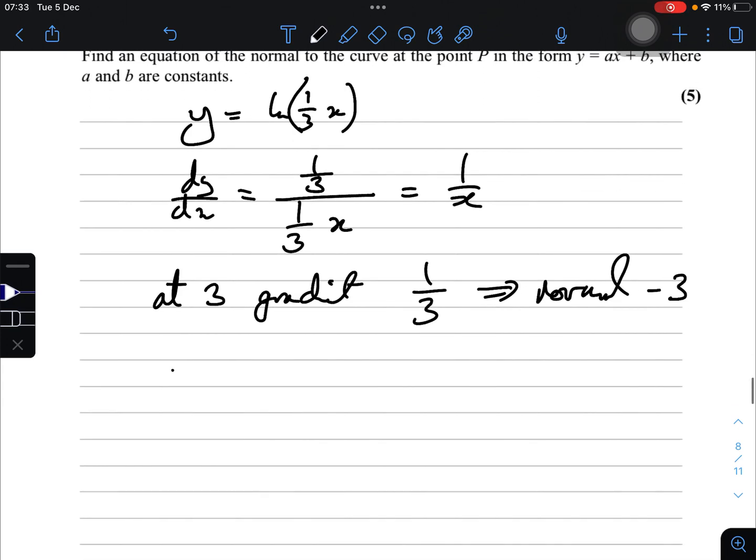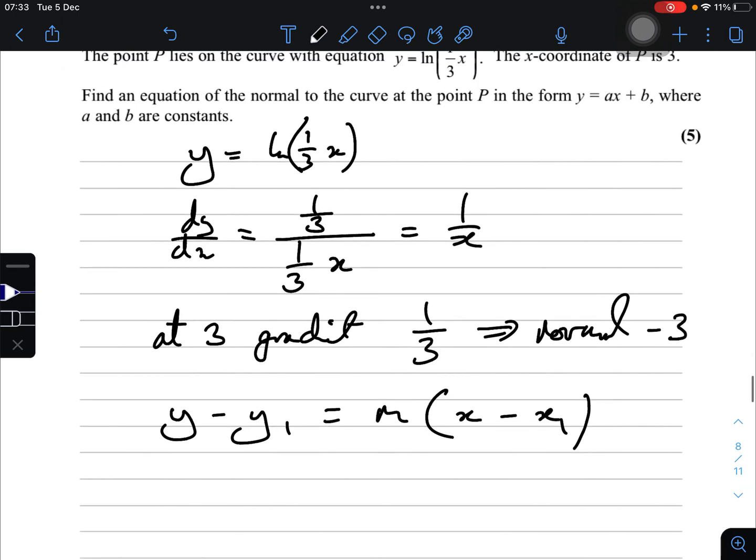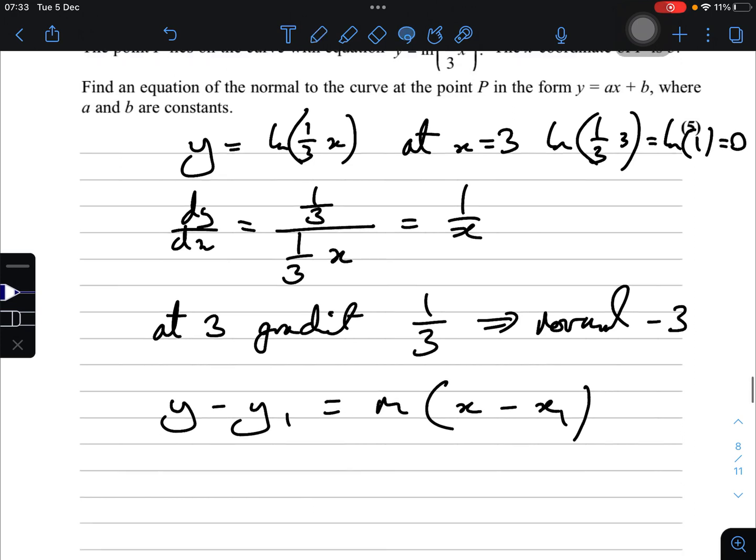And so we can plug this all into y minus y1 equals m lot of x minus x1. We haven't quite figured out what y1 is yet, so at x equals 3, we have ln of a third of 3, which is ln of 1, which is 0.